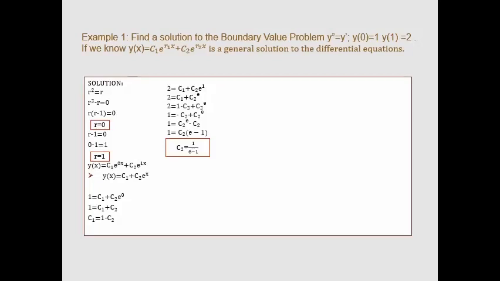So c2 = 1/(e - 1). Then c1 = 1 - 1/(e - 1) = (e - 1)/(e - 1) - 1/(e - 1) = (e - 2)/(e - 1). So y(x) = (e - 2)/(e - 1) + (1/(e - 1)) e^x.